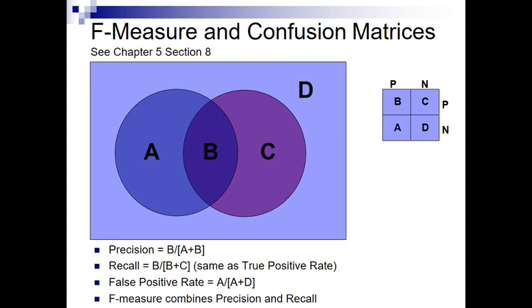So falsely predicted as positive divided by all of those things that are actually negative, which is the total number of things that you could potentially incorrectly classify as positive. So it's a little bit of a weird notion, but precisely it's A divided by A plus D.